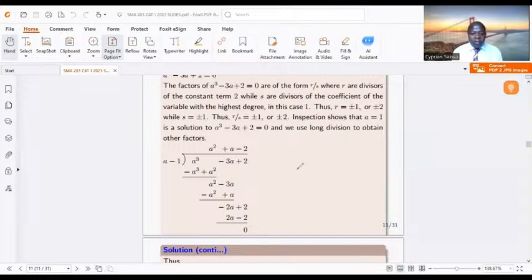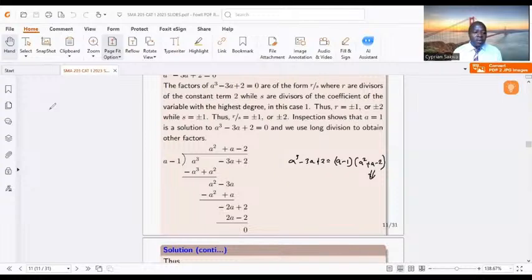Now, what have we found? We found that A cubed minus 3A plus 2 can be written as A minus 1 multiplied by the quotient, which is A squared plus A minus 2. This one, you can also factorize. That one, you know how to factorize.